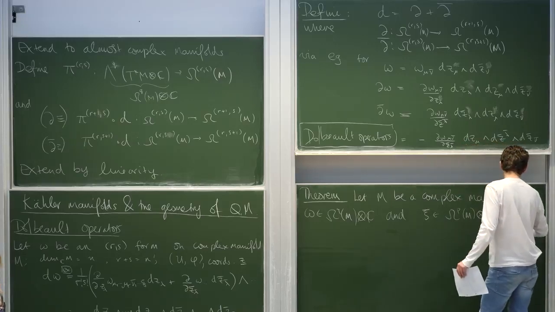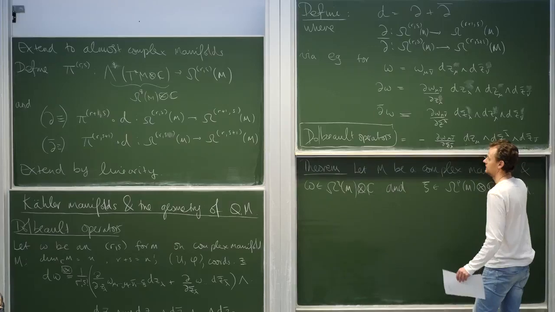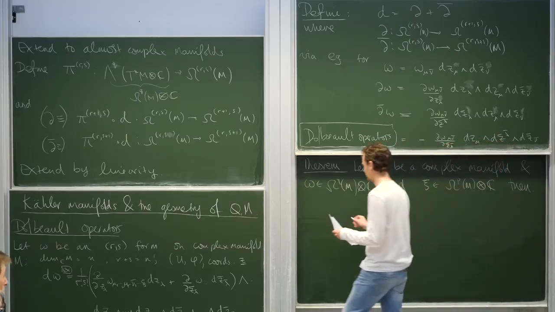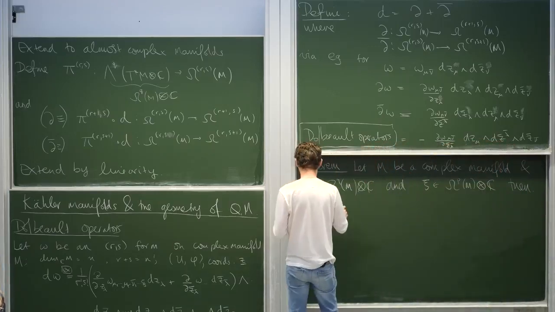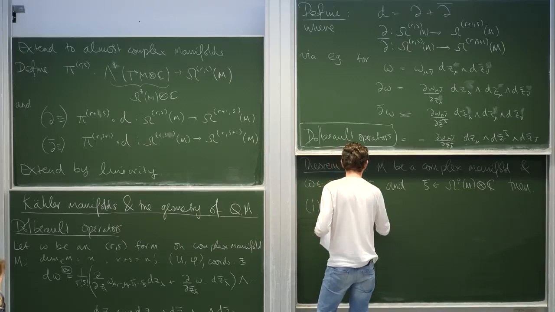Then these delta operators, these Dolbeault operators, have a whole bunch of properties. None of them are particularly difficult to prove.